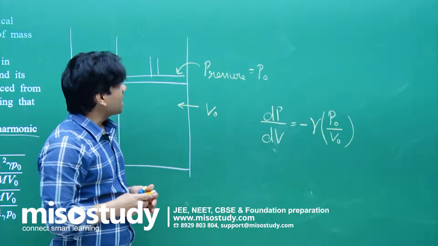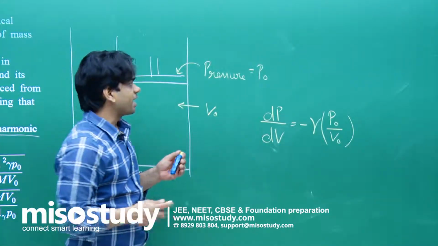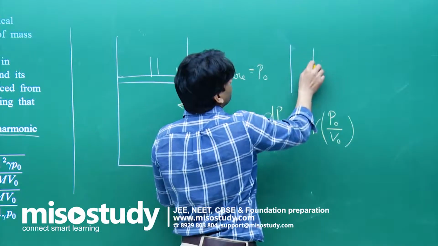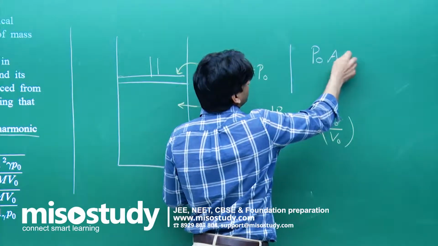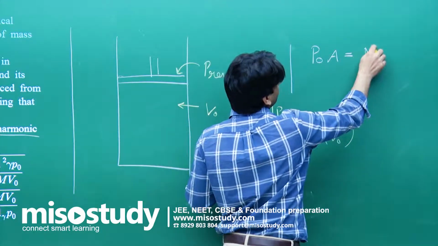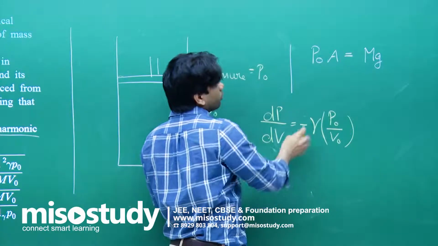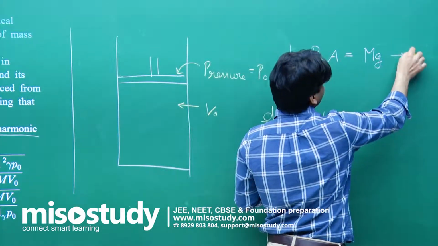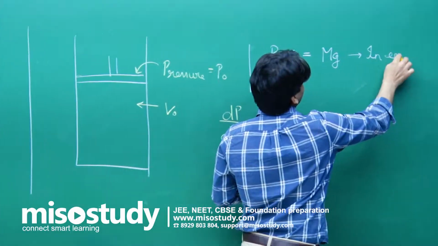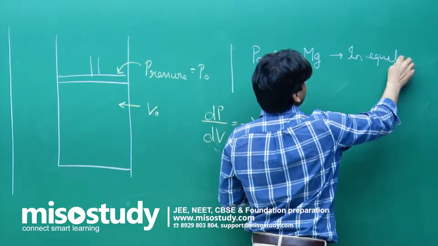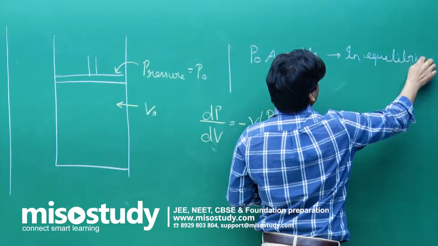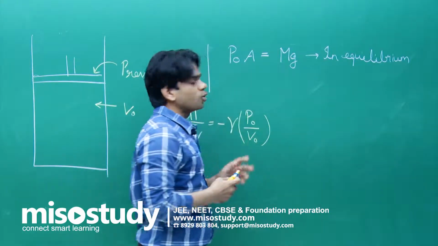Next thing you try to understand, at equilibrium, what can we write? At equilibrium, we can write that P naught into A, pressure into area, is equal to M into g. This is what we know. In equilibrium, this will be holding. Next thing, after this, how to proceed?